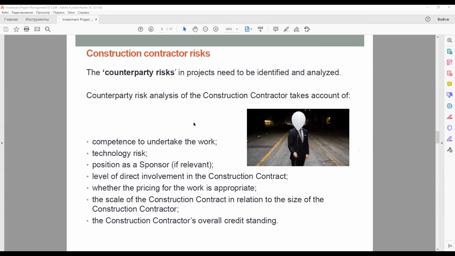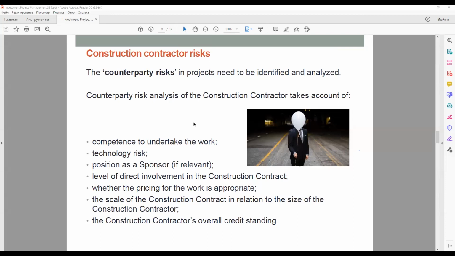So let's go through these points in detail. Competence. The construction contractor plays a vital role in most projects, and therefore the first step in a risk assessment is to consider whether the construction contractor is adequately qualified for this, with sufficient experienced personnel to undertake the job.